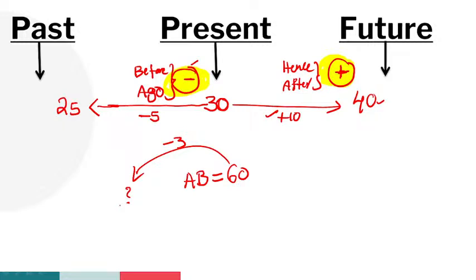So, A and B, two persons, the present sum of ages is 60 years. 3 years ago, their ages was how much? What is the answer, guys? All of you, please respond in the chat box. Yes, somebody saying answer 30. Very good, but wrong answer.